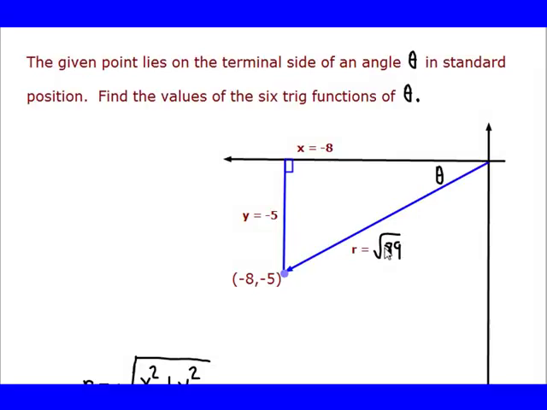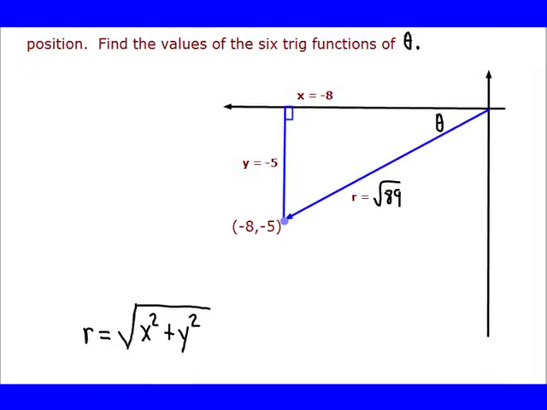Now in order to find the hypotenuse, because this is a right triangle, we had to use the Pythagorean theorem. So in this case, the hypotenuse, which is referred to as r, is represented as the square root of x squared plus y squared.